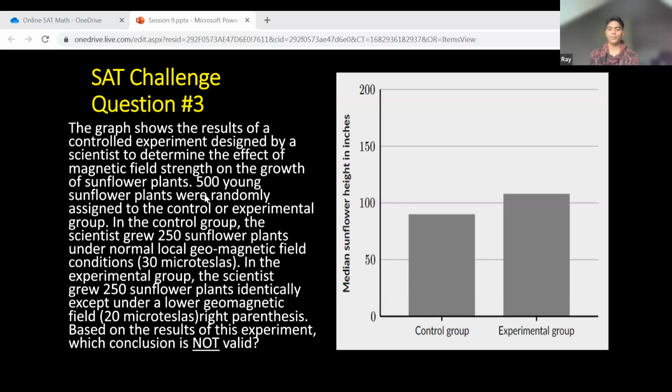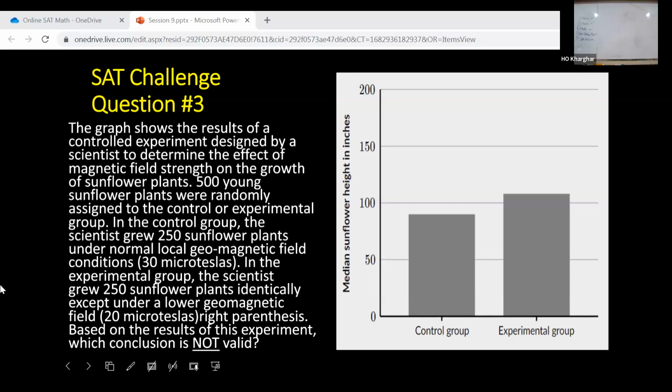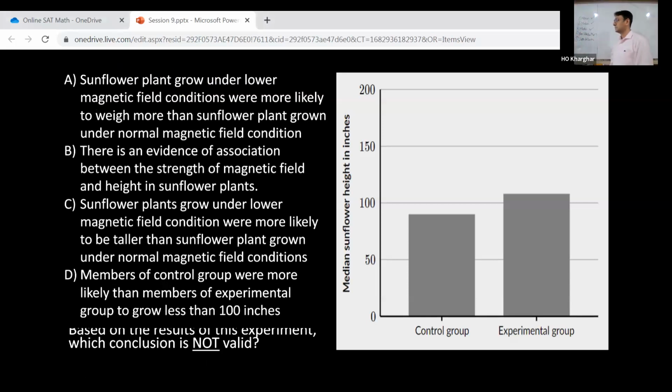Can I see the options? Sure. Which conclusion is not valid?